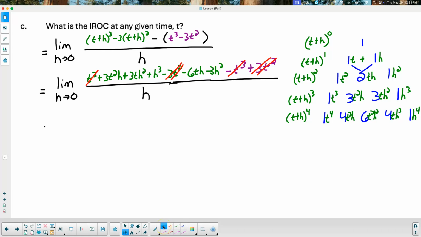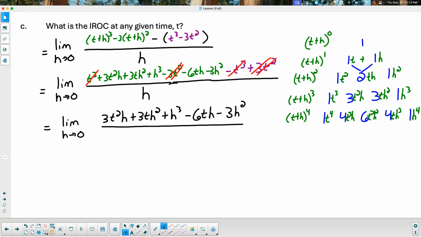So now we've got the limit as h approaches 0 of 3t squared h plus 3th squared plus h cubed minus 6th minus 3h squared, and all of that is still over h.